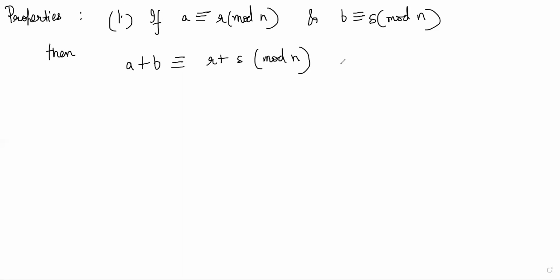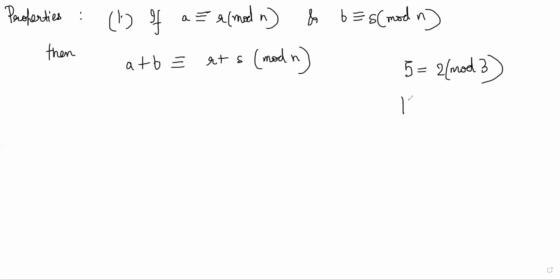Okay, so we can just take some numbers and see whether it is true. So let's say 5 is congruent to 2 mod 3, and let's say 12 is congruent to 1 mod 11, right? Now, actually, we had to take the same mod. So 12 is congruent to 0 mod 3, actually.